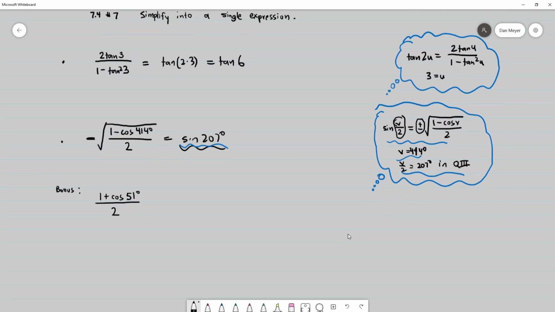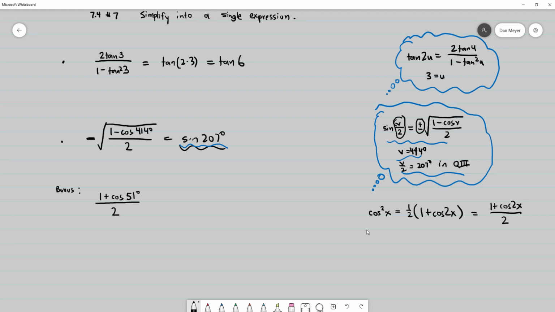1 plus cosine of 51 degrees all over 2. We do have a formula that kind of looks like that. We have a half angle identity or reduction of power formula that looks like cosine squared x is equal to, I think I wrote it as 1/2 times 1 plus cosine of 2x. Or you can write that as 1 plus cosine of 2x over 2.